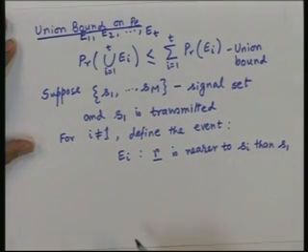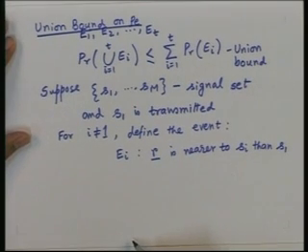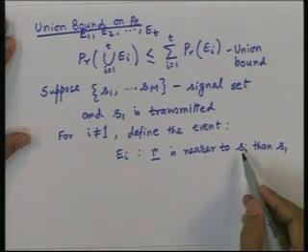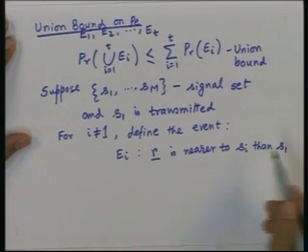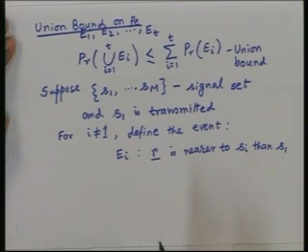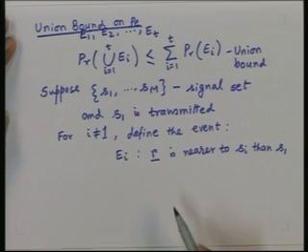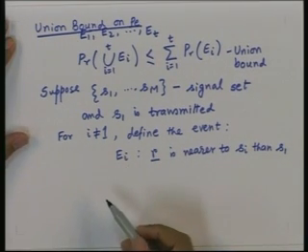So, i is not equal to 1, and if Si, the ith signal point, is nearer to the received vector than S1, we say that Ei has happened. So, Ei is that event.